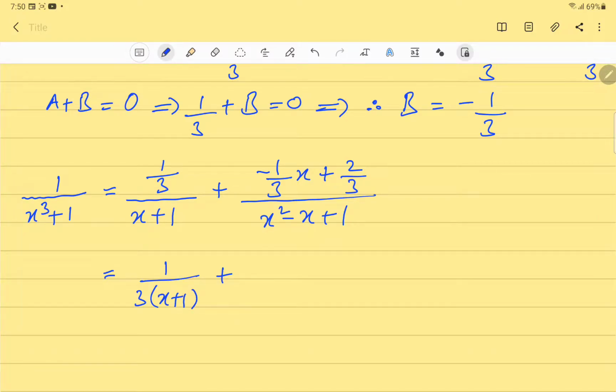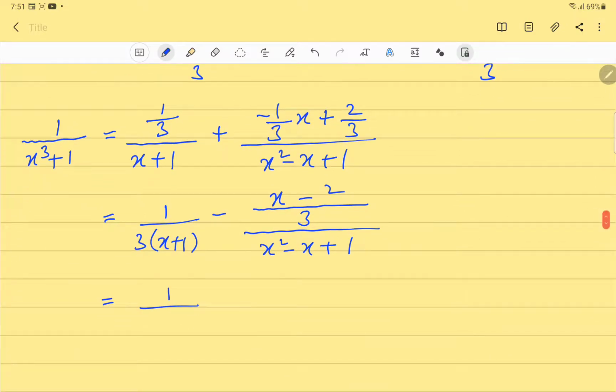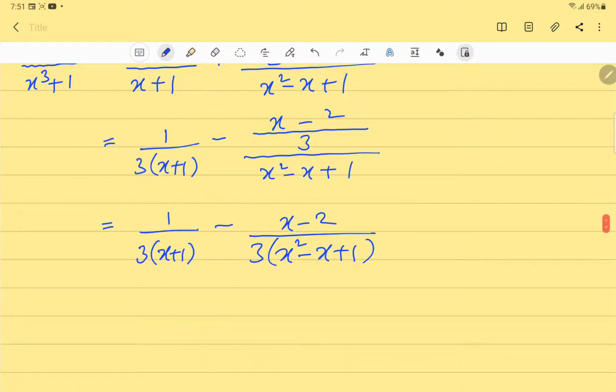Here we will take minus common. LCM will be 3, so we will have x minus 2 here over x squared minus x plus 1. So 1 over 3 into x plus 1 minus x minus 2 over 3 into x squared minus x plus 1, and this is the answer of this question.